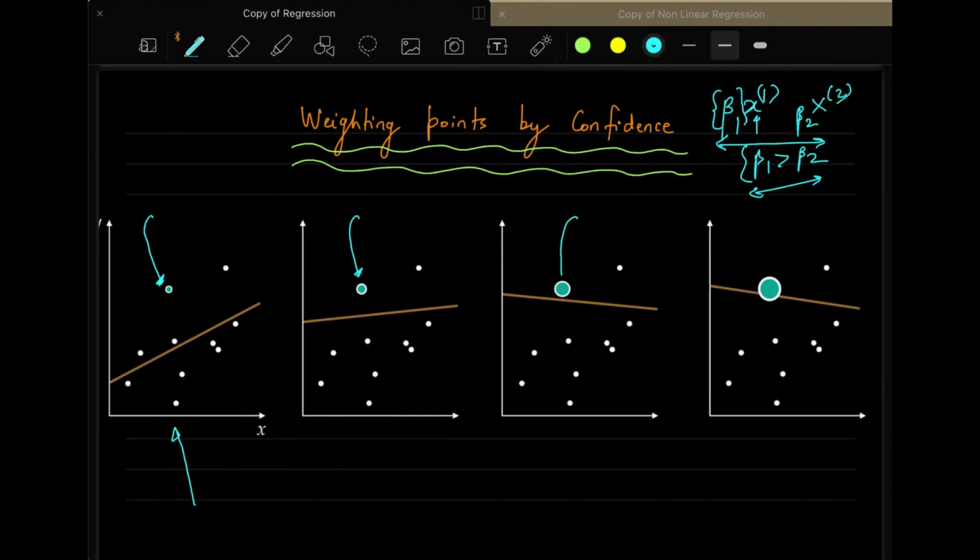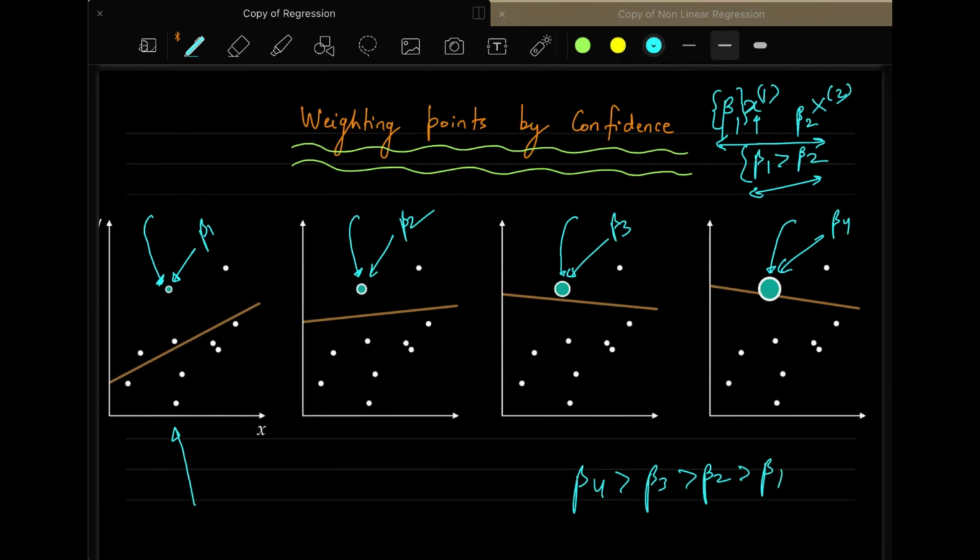Here the size is increased, here it is increased further. As the size is increasing, you are multiplying this value with beta. So beta 1 will be less than beta 2, and beta 3 will be more than beta 2, and beta 4 will be like this. As you keep increasing the values of beta, the confidence in this point is building up.